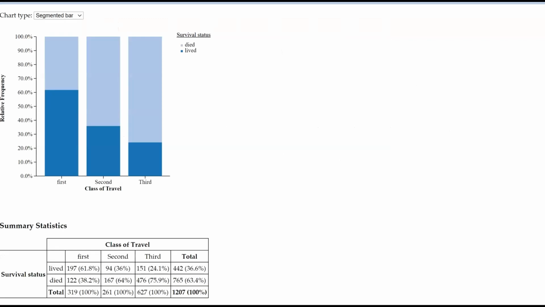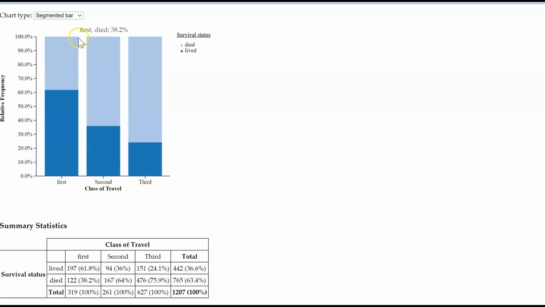The next item of the lesson on this example is they ask you to sketch the segmented bar graph. So you have to record the information, not just cut and paste, but I want you to actually sketch this out. So on the x-axis, you're going to label class of travel, first, second, and third class.